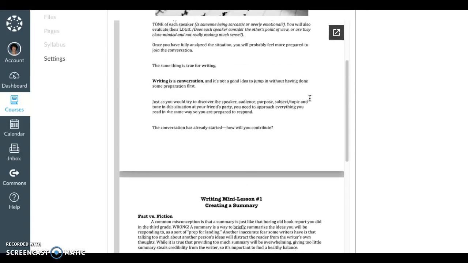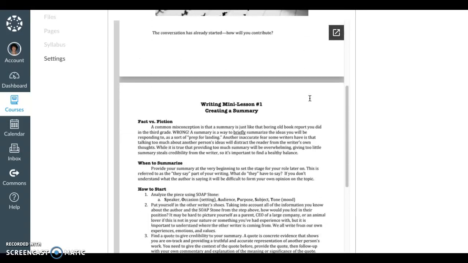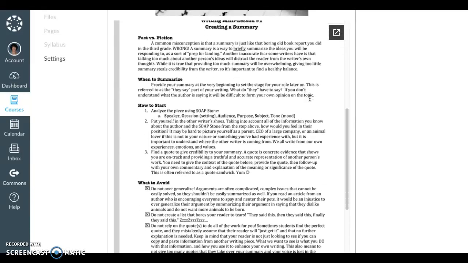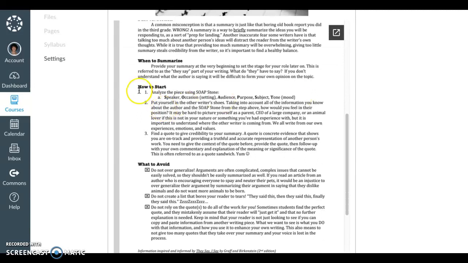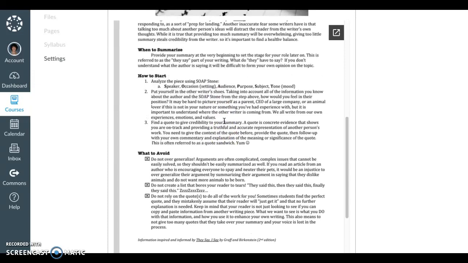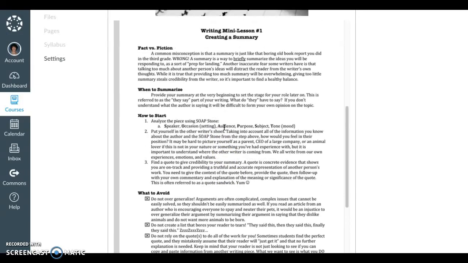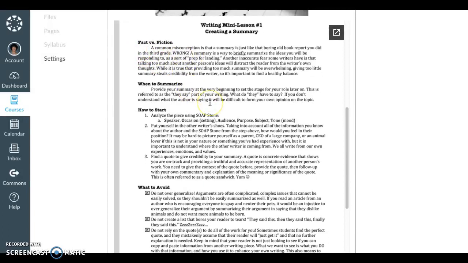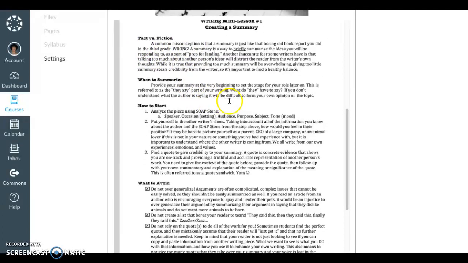So you'll read this first page, you'll read the second page, okay? You will be using a soapstone, and you'll be using some stems. And I'll explain all that in just a minute. So when you summarize, you need to know the difference between fact and fiction, and you need to know what you are trying to say in your summary.